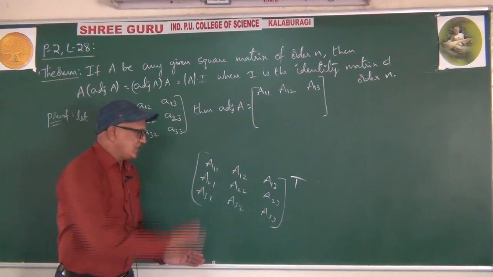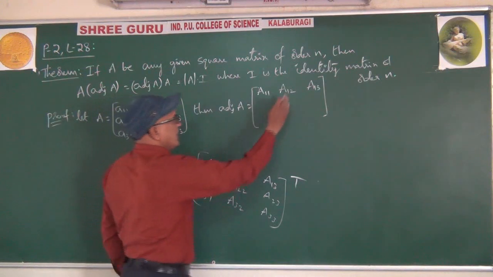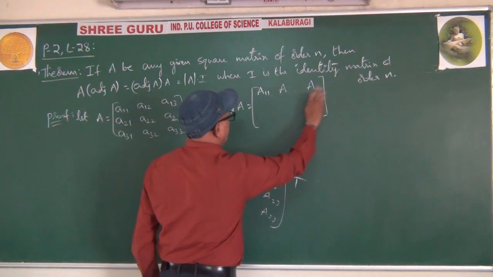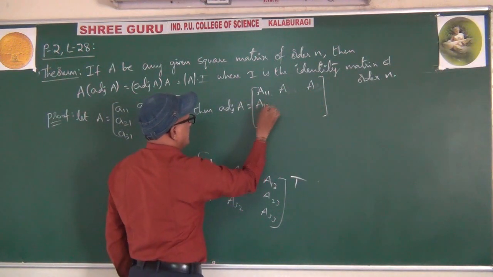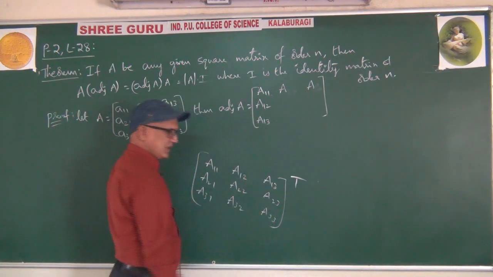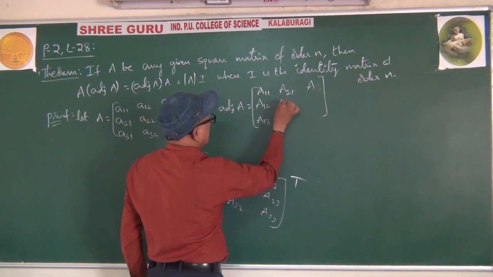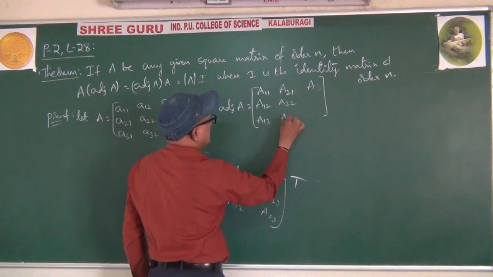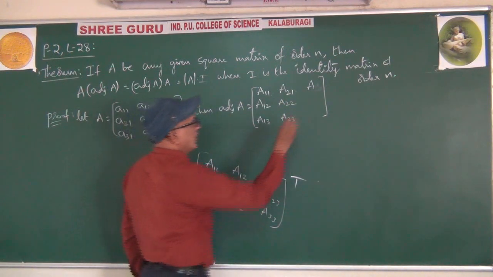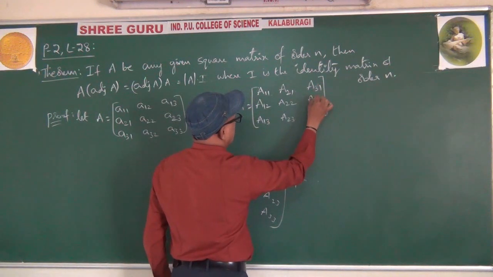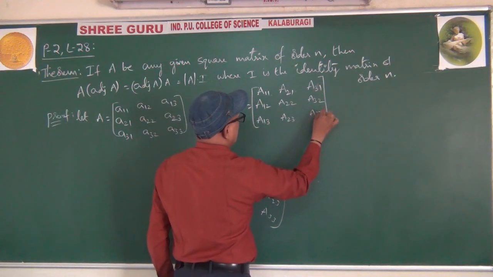What is the transpose of this one? First row becomes first column: A11, A21, A31. Second row becomes second column: A12, A22, A32. Third row becomes third column: A13, A23, A33.